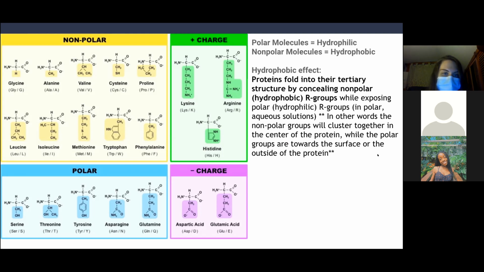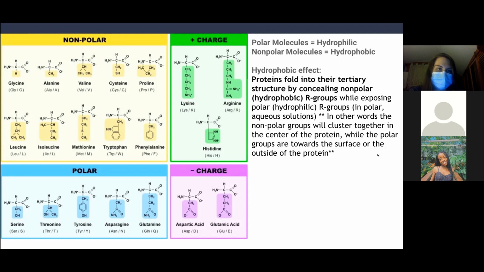Hydrophobic literally means water fearing, and that makes sense for nonpolar molecules because nonpolar atoms don't really like to associate with polar atoms. If you've ever heard the expression "like dissolves like," things that are similar like to interact with each other.